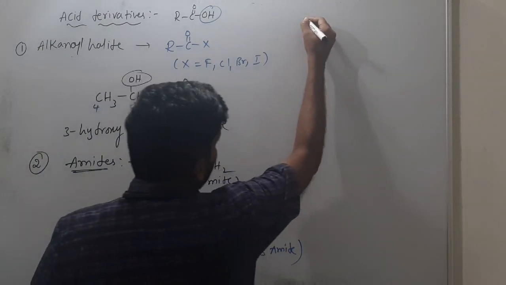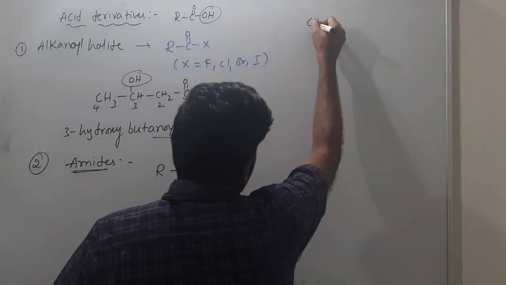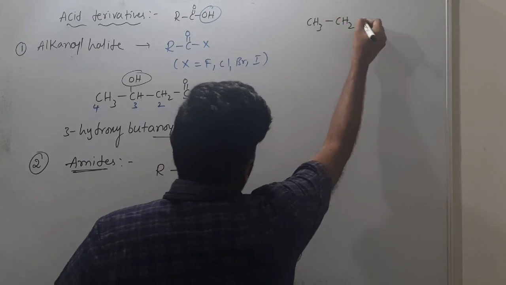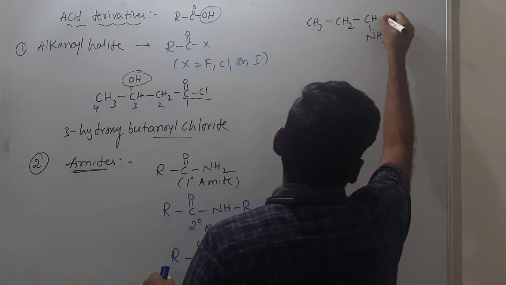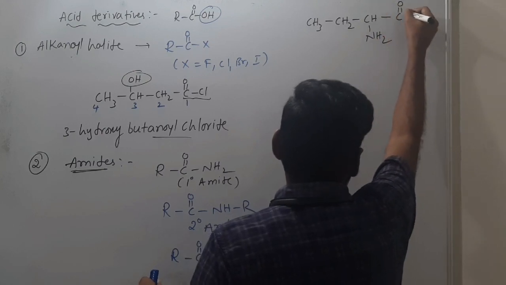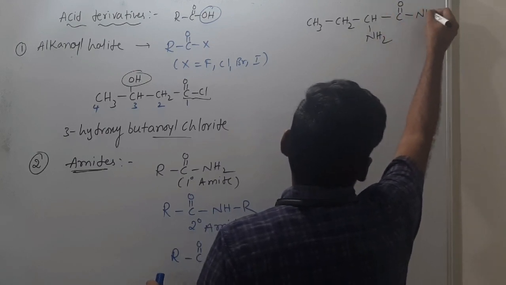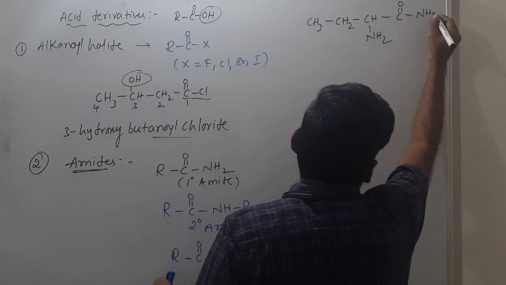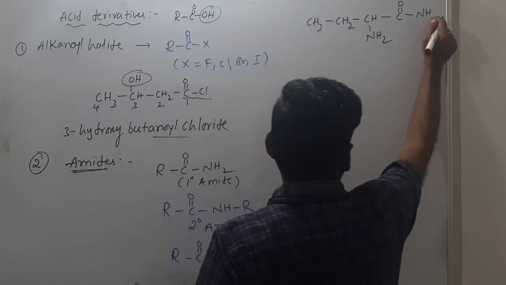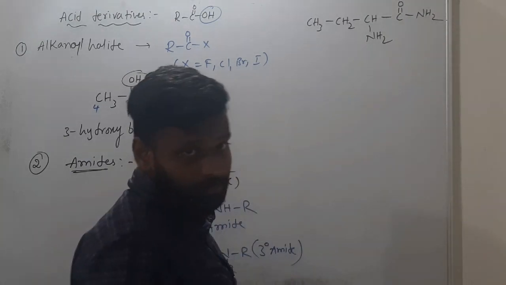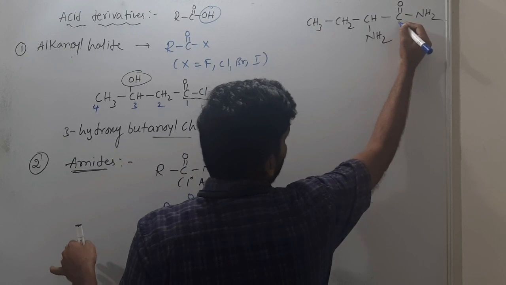If they are asking for names like this, suppose there is CH3, CH2, CH, and an NH2 group, and C double bond O–NH2 here. Which do you have to consider?